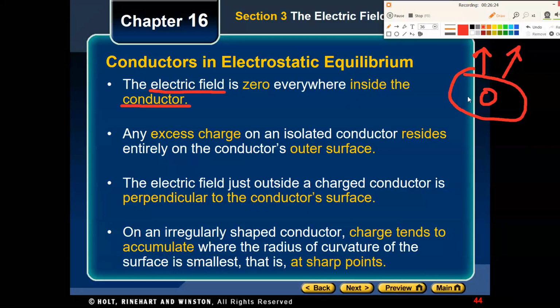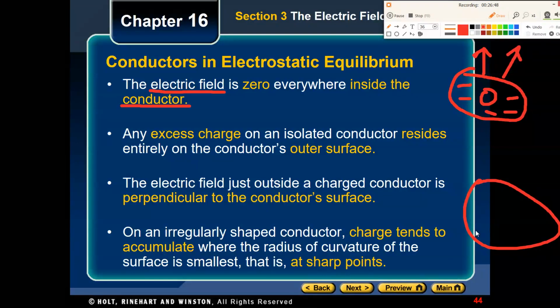So why is it like that? For example, if I have negative charge, like electrons, within this conductor, the same kind of charge is going to repel each other, so all the extra charge is going to be on the surface. Nothing within, because they're going to repel away, away, away.